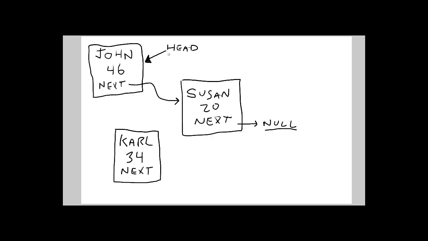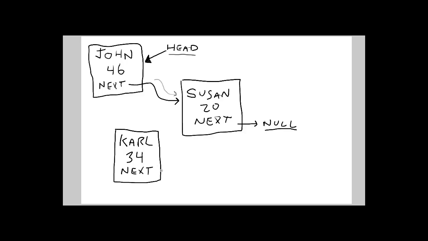You start at this head pointer up here. You look at the name, John. Well, John is before Carl, so you have to keep looking. You travel over to the next. You see the next one is Susan, and you can tell, okay, Carl is before Susan, but after John. So Carl needs to be inserted in between these two.